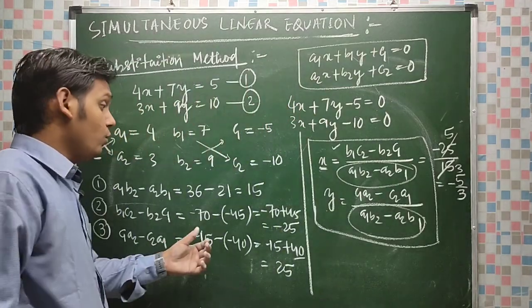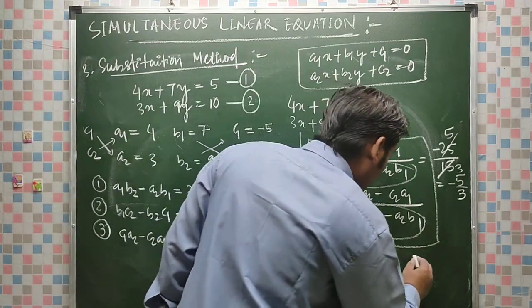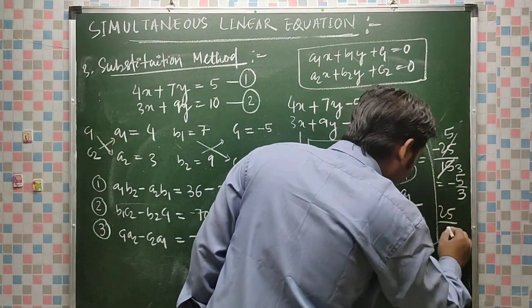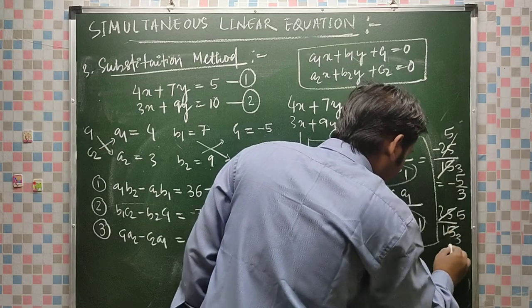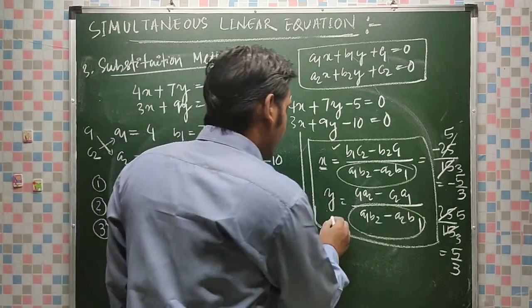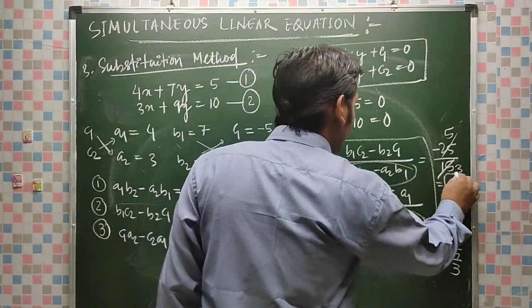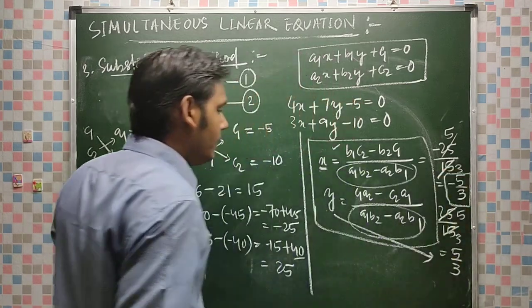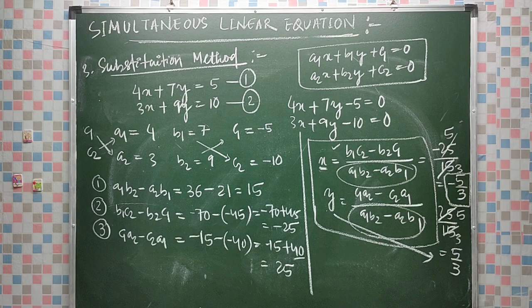And c1 a2 minus c2 a1 divided by a1 b2 minus a2 b1 means 25 by 15, again 5 by 3. So the value of x is minus 5 by 3 and the value of y is plus 5 by 3. You can take the screenshot also.